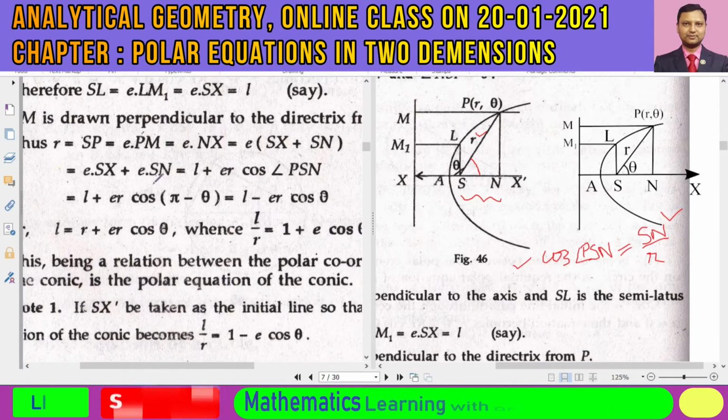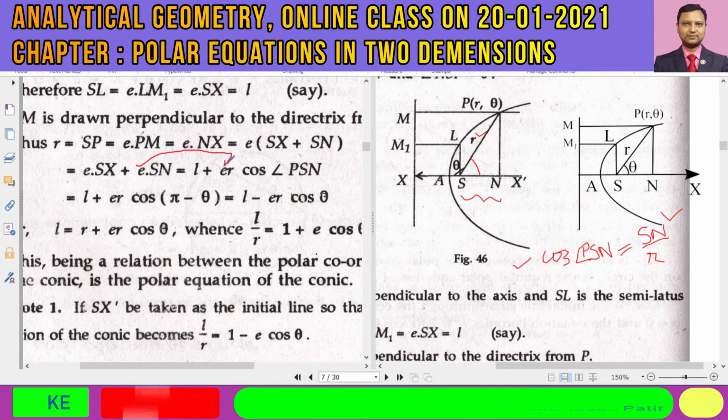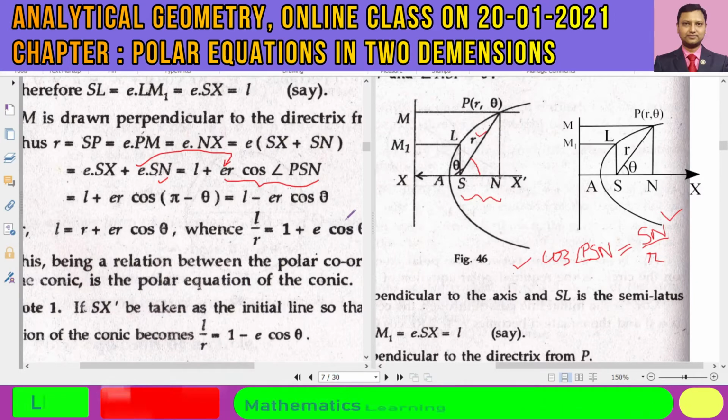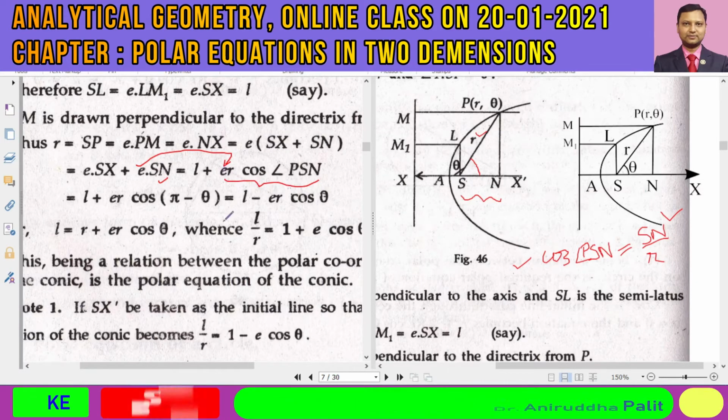Got it? That's why E stays over here, just similar to this expression. E does not change. Just in place of Sn, they have written R into cos of the angle PSN. So E is not changed.